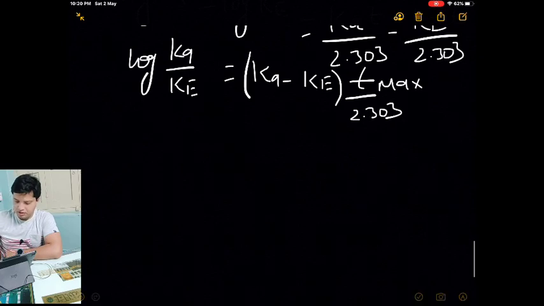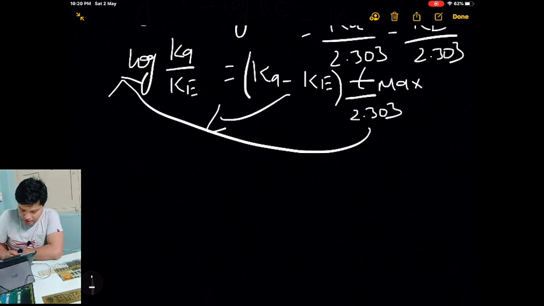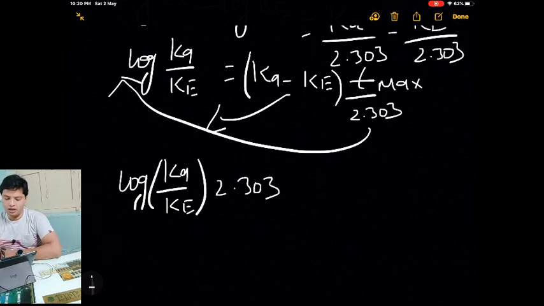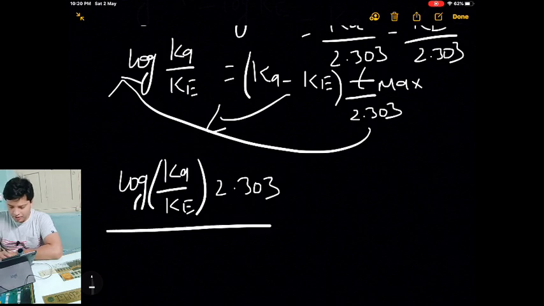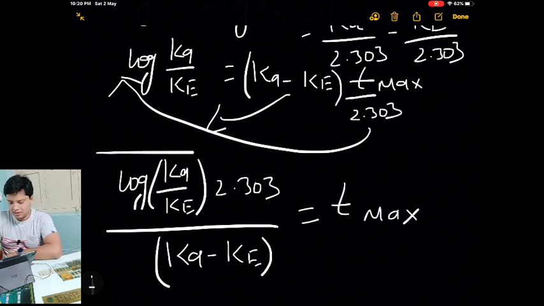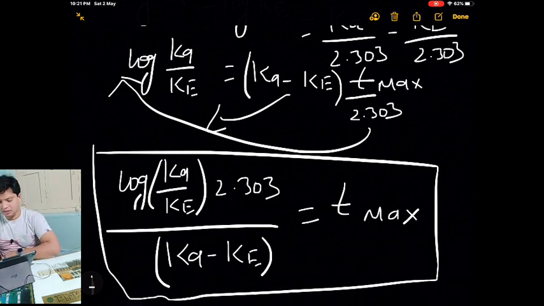Log ka by ke, into 2.303 goes up, and this comes down, divided by ka minus ke, is equal to Tmax. This is the equation we got to determine the Tmax.